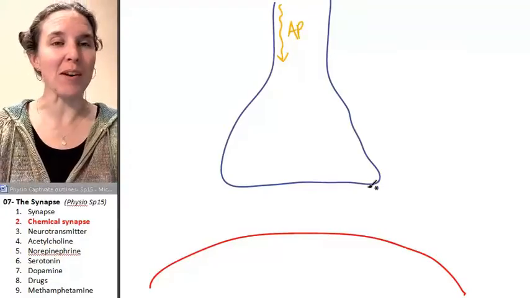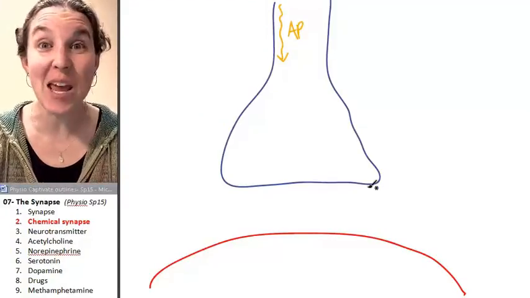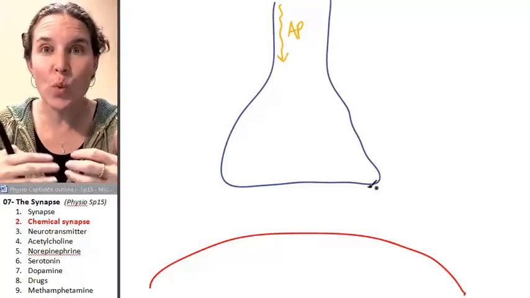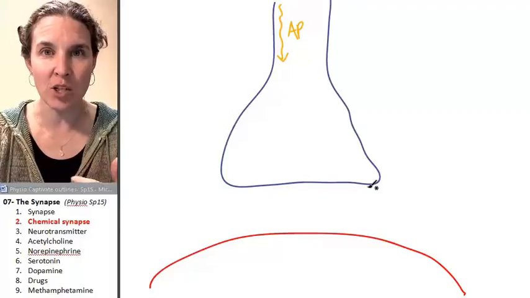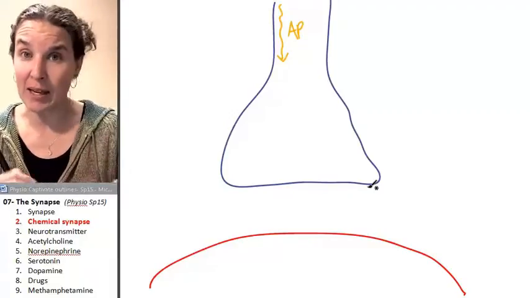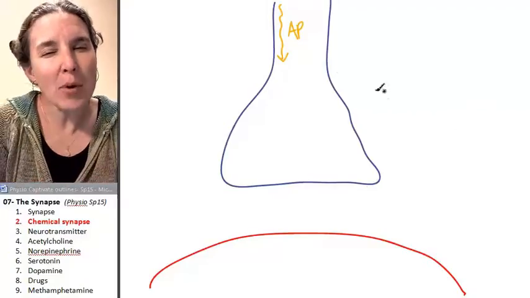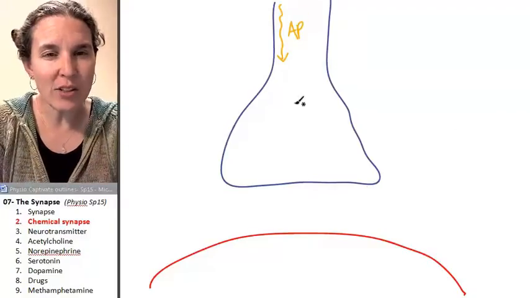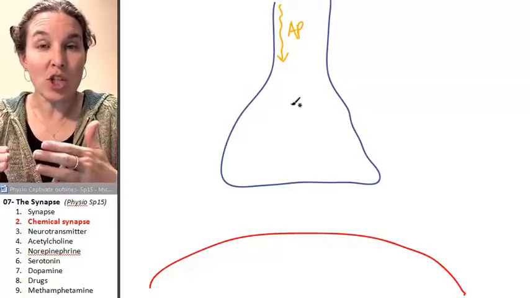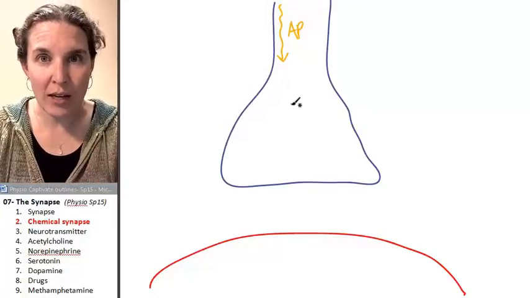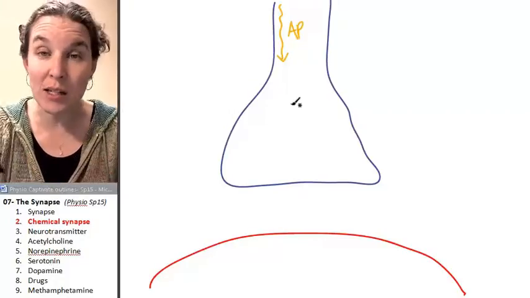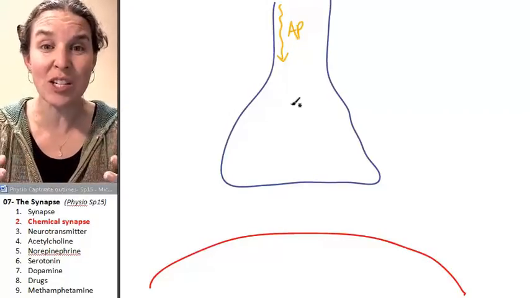And remember, an action potential is nothing more than this weird wave-like switching of the membrane potential from negative to positive and back again. And remember that as the action potential traveled down the axon, as the membrane potential changes, voltage-gated sodium channels and potassium channels are stimulated to open because of the change in membrane potential.